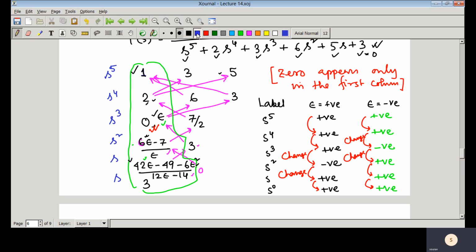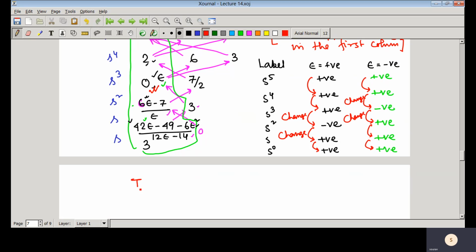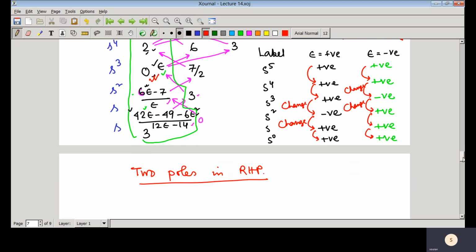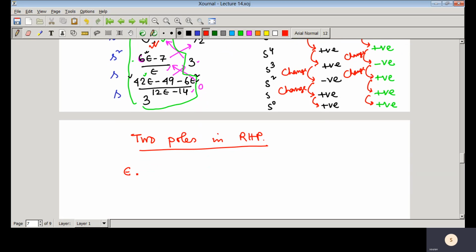So two sign changes in the first column, so that means two poles in the right half plane. So this particular method is called the epsilon method.